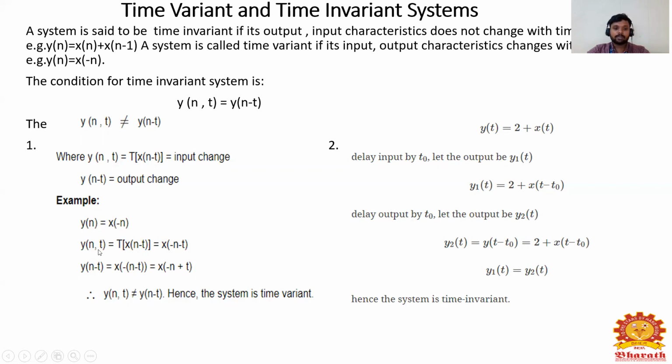For y of n comma t, wherever I find n in the given question, in the place of n I have to substitute n minus t. So y of n comma t is equal to T of x of n minus t, that is equal to x of minus n minus t, which should be added here for the input change.